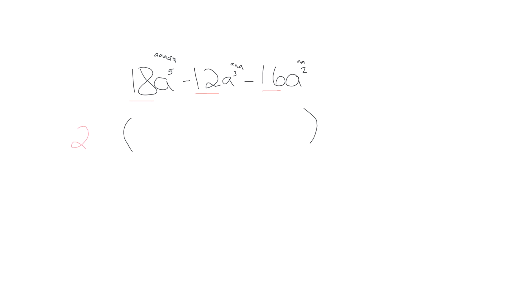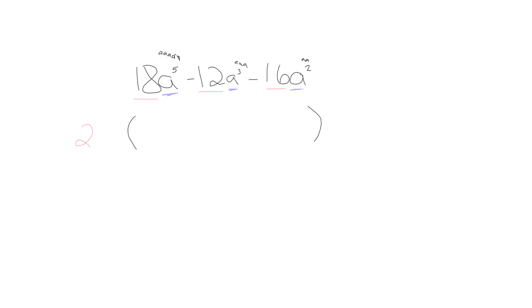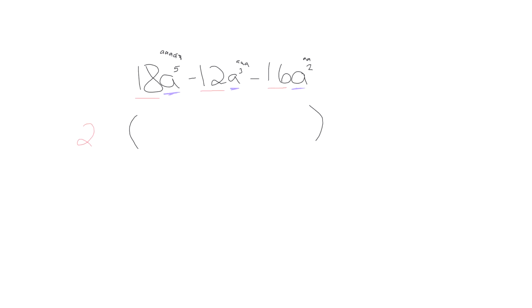And then we look at the a's, right? This one has 5 a's, 3 a's, and 2 a's. So how many a's do they have in common that they share? 2. So I'm going to take out 2 a's, which I write as a squared.